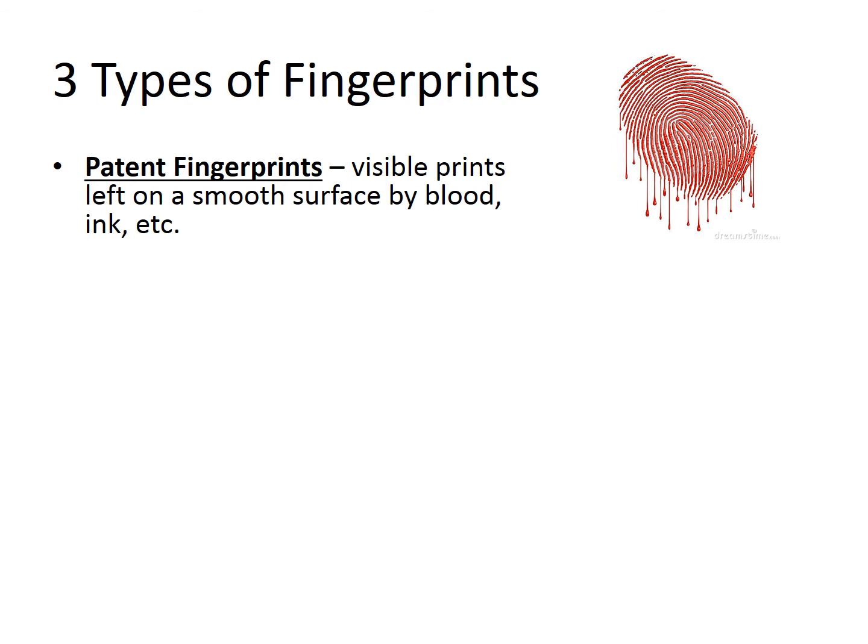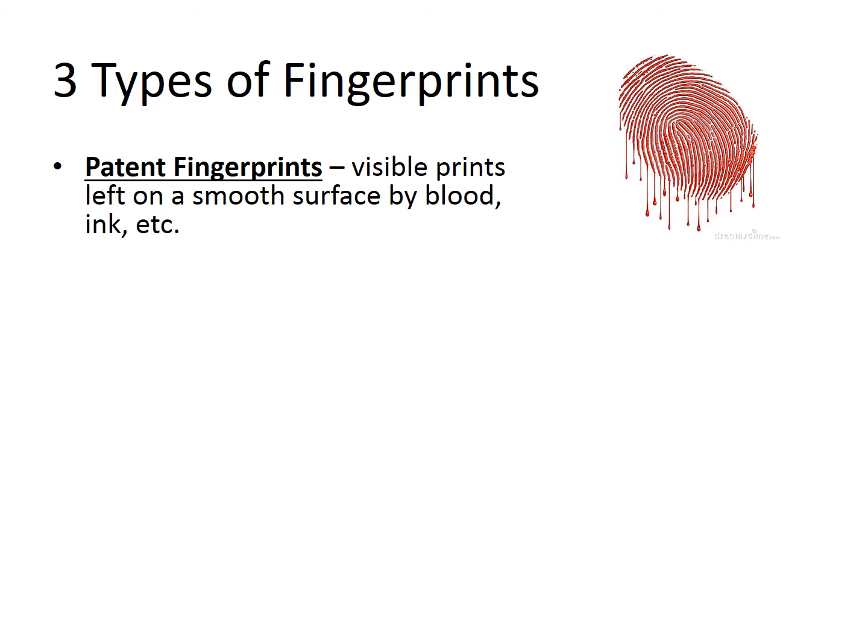If you had blood, ink, paint, something like that on your hand, and then you touch a smooth surface, you're going to leave a fingerprint behind. Kind of the idea behind when they were using thumbprints for contracts, or in some countries you need a thumbprint to vote.